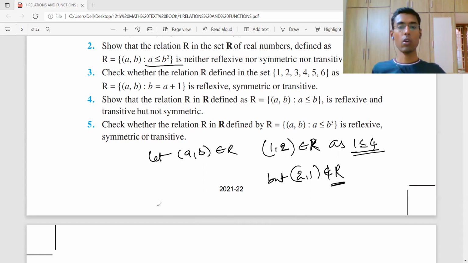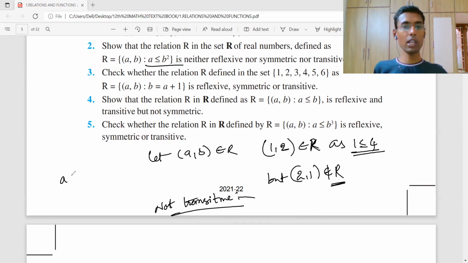Transitive, not transitive. This is a little tricky.